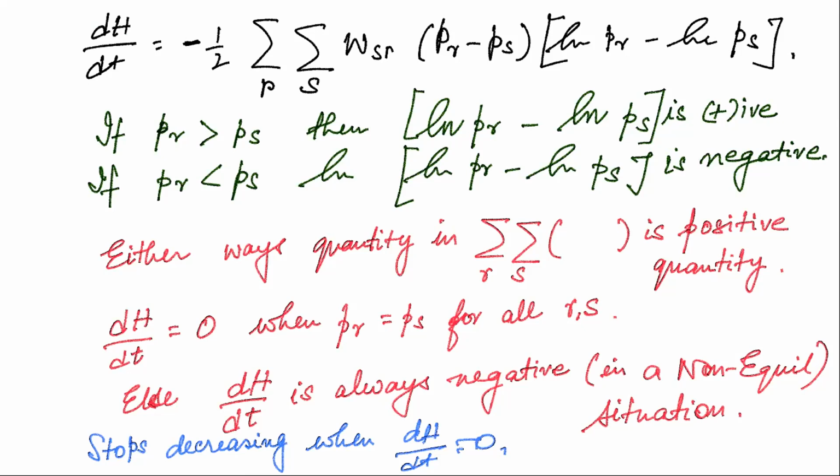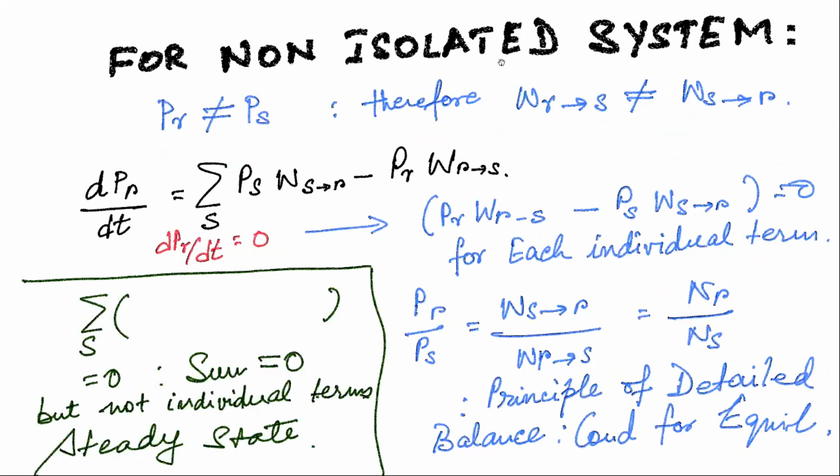and that is the input to the postulate of equal a priori probability, right? So that was the discussion for the isolated system, which defines the microcanonical ensemble, and from there we go to the canonical ensemble. We'll just look at the master equation for the canonical system as well, because even if the system is in equilibrium, we know that PR is not equal to PS, right?